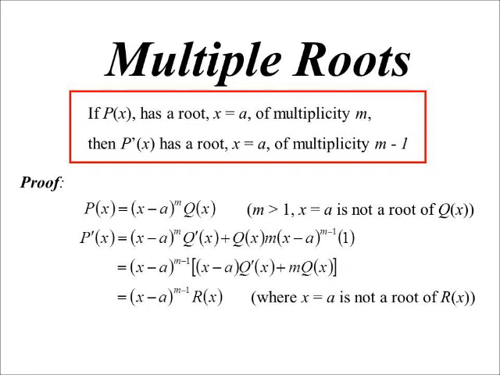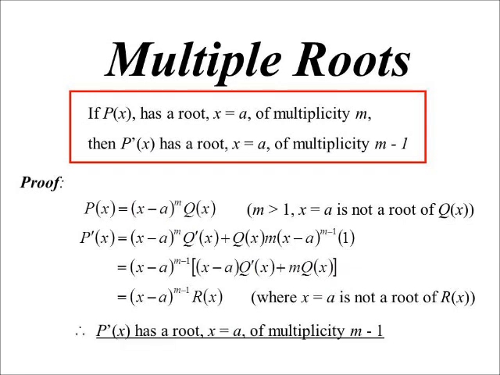I know a is not a solution to r(x), because when I substitute in, I won't get 0. The first part will be 0, a minus a, but then it's plus m times q(x), and remember we defined a as not a solution to q(x), so we know that's not going to have another root. So there's our proof.